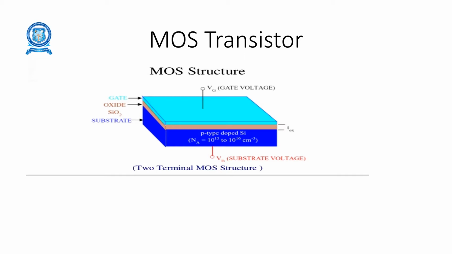A number of layers are used to form the single transistor. In the metal oxide semiconductor, the SiO2 layer produces one layer in the transistor. That's why we are using the metal oxide semiconductor.